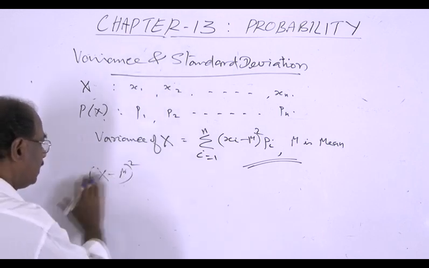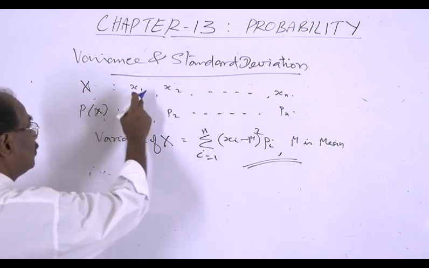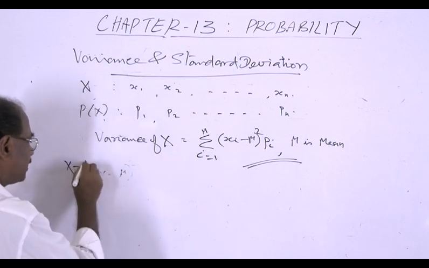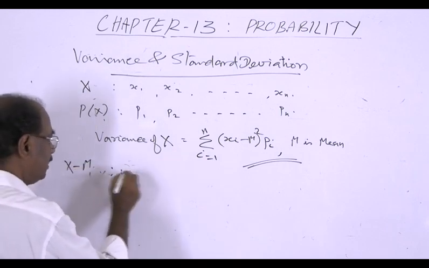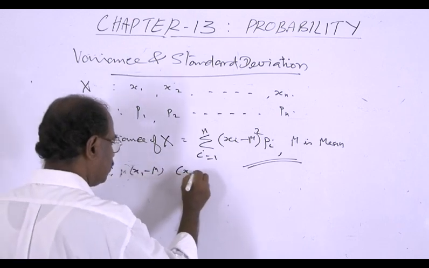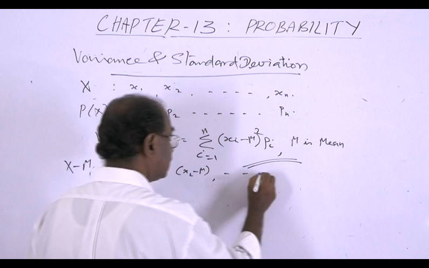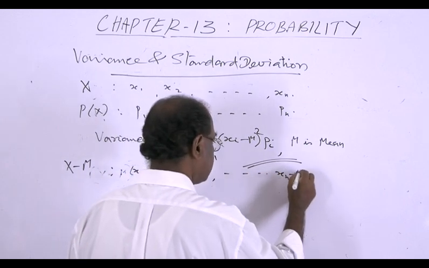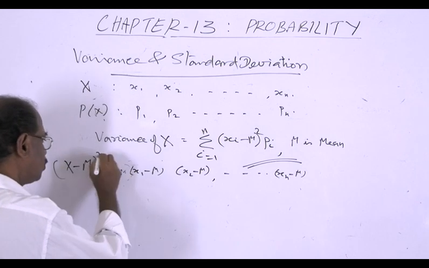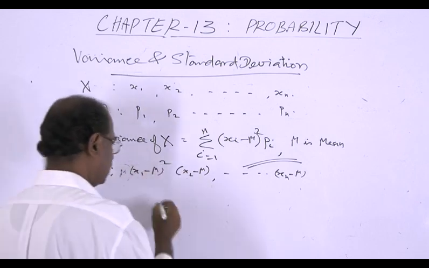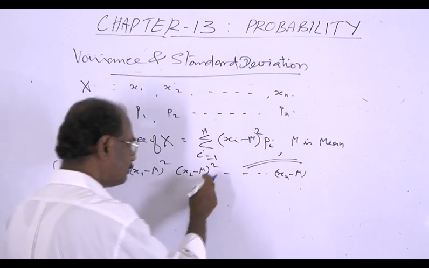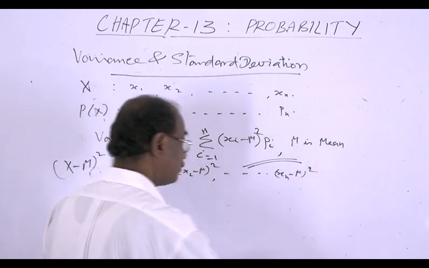So here we have these x values x1, x2, etc. xn. Then the variations x minus mu are x1 minus mu, x2 minus mu, etc. xn minus mu. And the squares are (x1 minus mu) whole square, (x2 minus mu) whole square, etc. (xn minus mu) whole square.